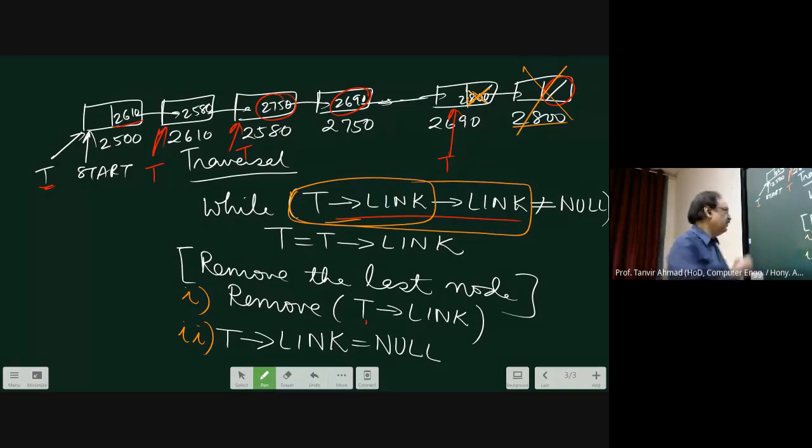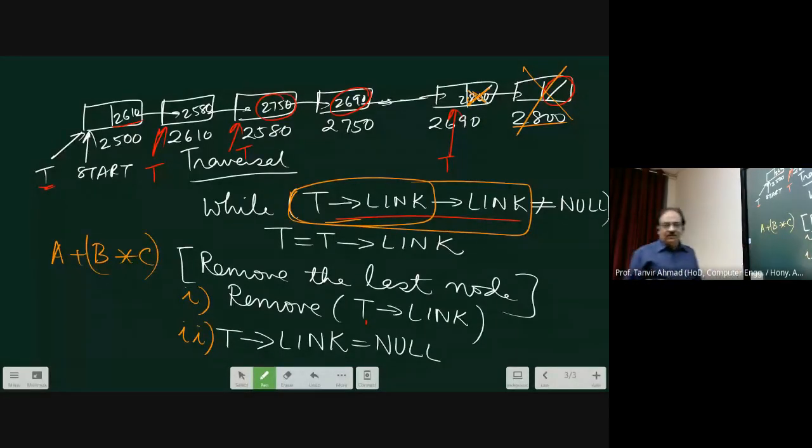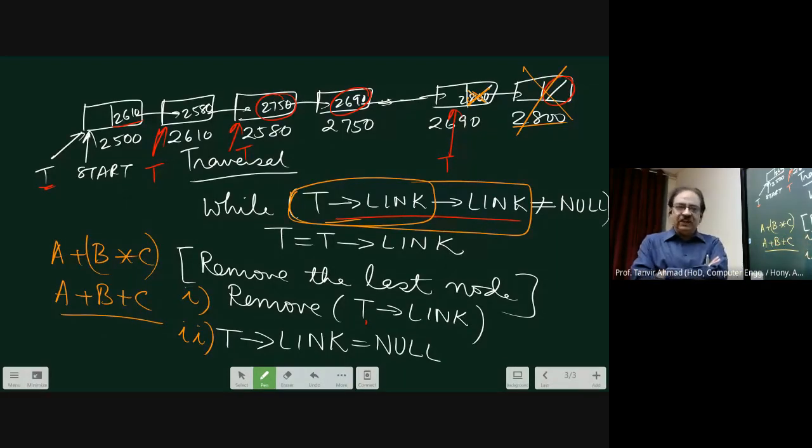Suppose I write like this. Here B into C will be done first because B into C has a higher precedence. You don't require brackets like this because it's already having a higher precedence. But if I write like this, which will execute first, A plus B or B plus C?